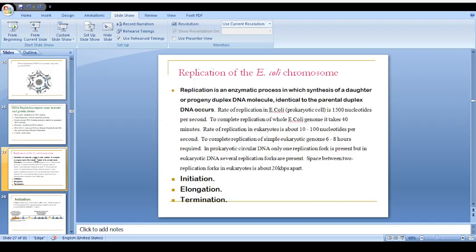Just like constructing a bridge at several places to complete the process in quicker time, in the eukaryotic system the replication begins at several points and is concluded. The space between two replication forks in the eukaryotic system is about 20 kilobase pairs apart.